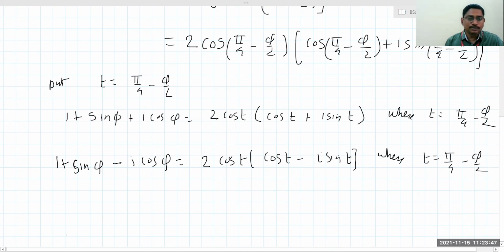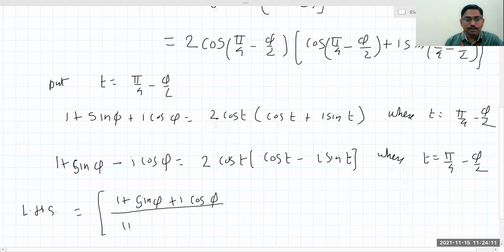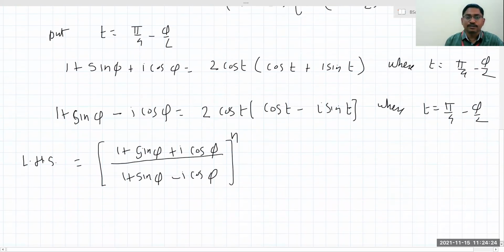So what is the nth power of the numerator? I will directly start with the left hand side, which is this upon this: 1 plus sin phi plus i cos phi divided by 1 plus sin phi minus i cos phi, all raised to n. This is the left hand side that we are going to solve, and just put the values there.